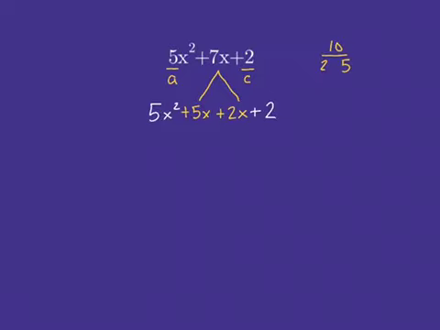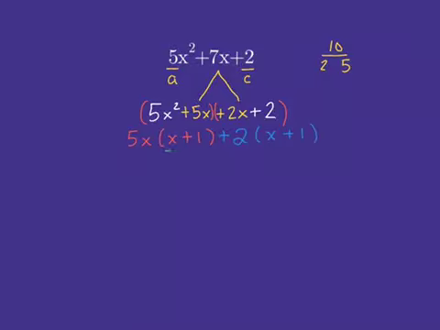Now we forced it to have 4 terms, which is going to allow us to use that factoring by grouping. Out of this first group here, we can factor out a 5x, so that will leave us with x plus 1. Out of the second group, we're going to factor out a positive 2, so remember that means we put plus 2 here. When we factor that out, that also leaves us with x plus 1.